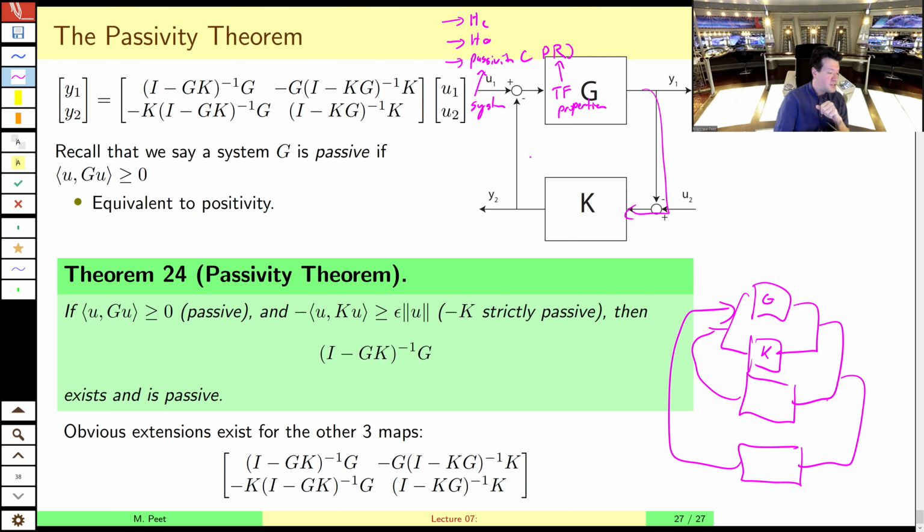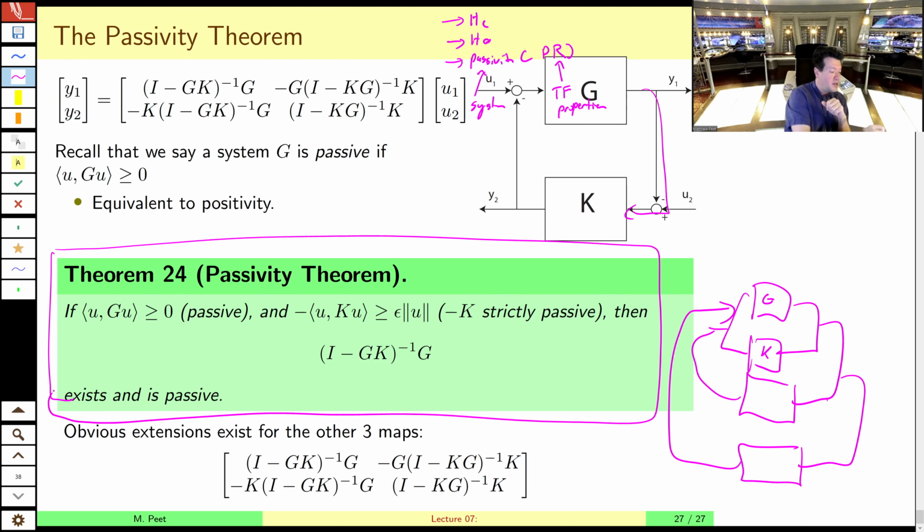So that's the passivity theorem, which relates, if you prefer, the passivity properties of the system: that the angle between the input and the output is less than 90 degrees. Or if you're looking at the Bode plot, that the phase is within plus or minus 90 degrees.